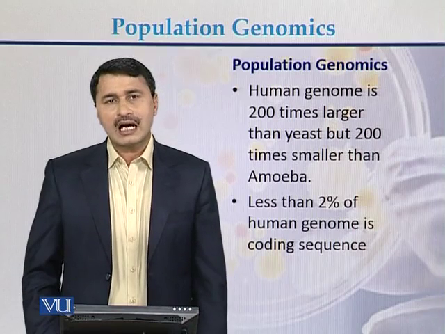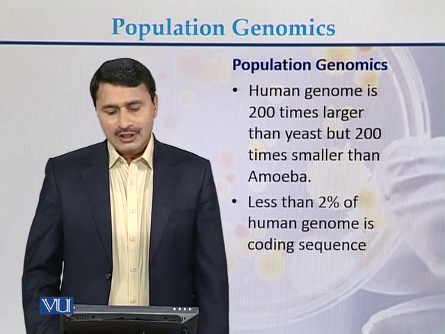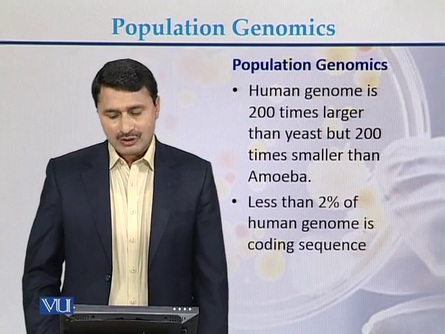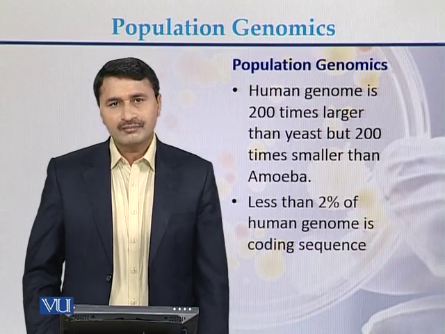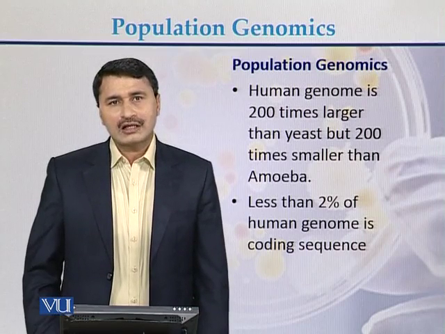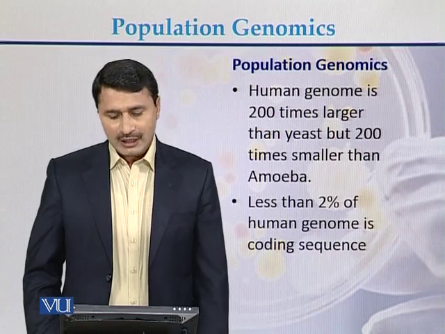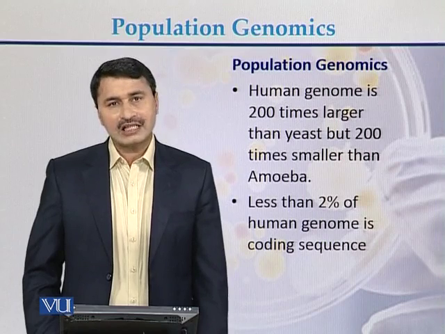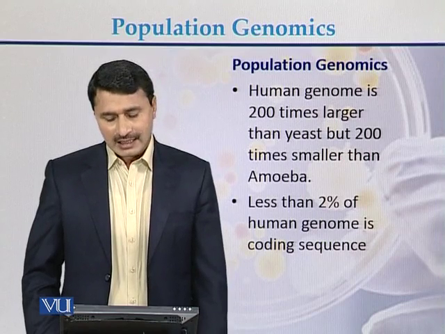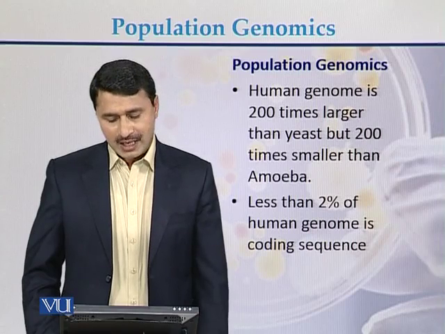Amoeba is a unicellular animal, while humans are multicellular, and yeast is also eukaryotic. So if we compare the genomes of these three, we see that the human genome is larger than the yeast genome, while on the other hand, it is smaller than the genome of the amoeba.